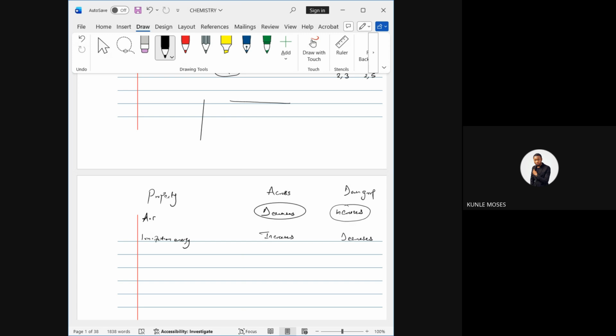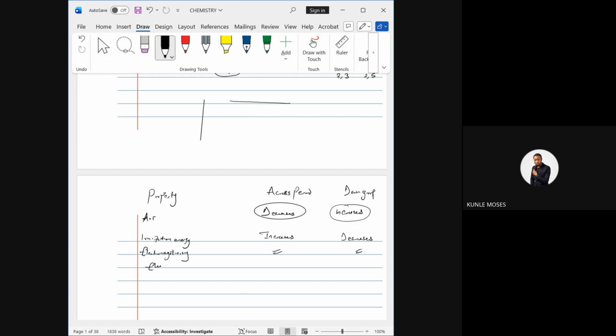So ionization energy increases across the period and decreases down the group. Electronegativity increases, and I said everything increases, so down the group it decreases.